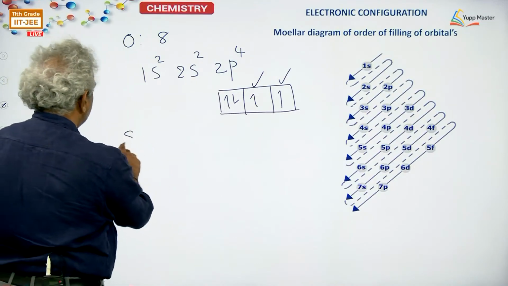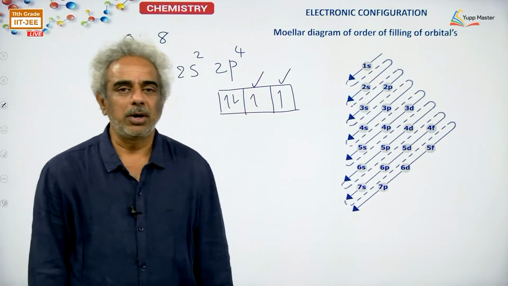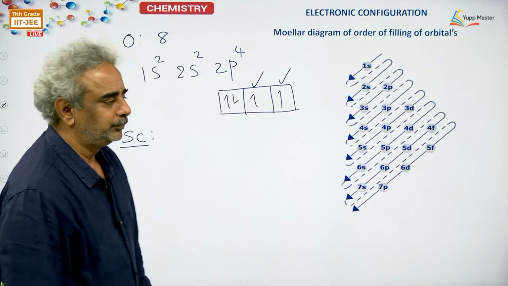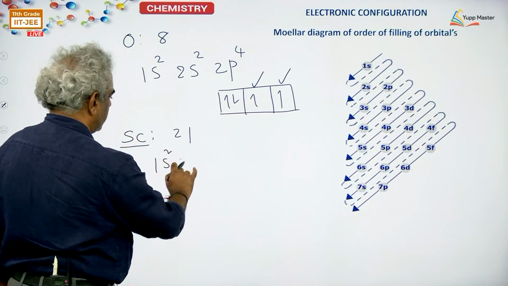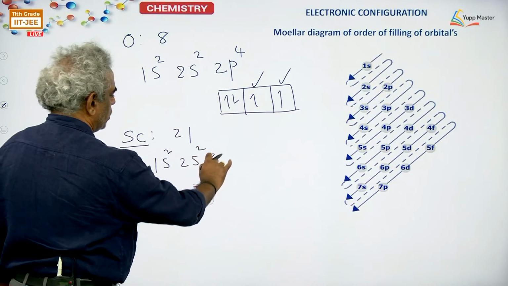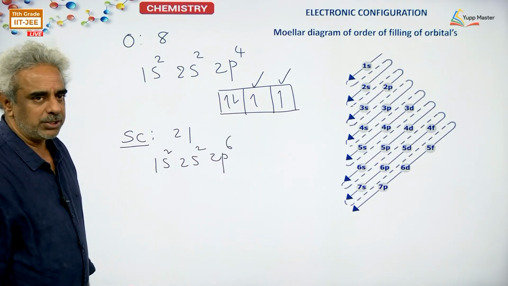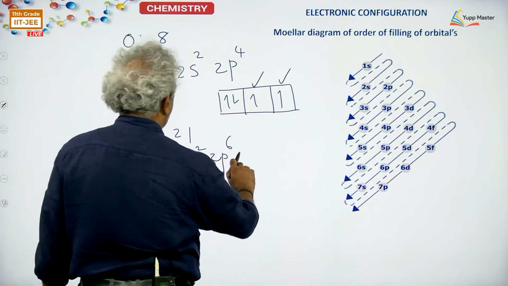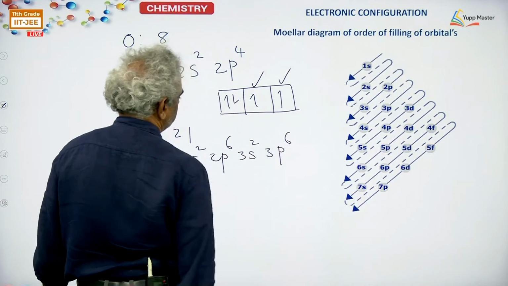So what will be the configuration of scandium? Scandium atomic number is 21. Fill 1s, then fill 2s with 2 electrons, 2px, 2py, 2pz with 6 electrons, 2 each, 3s, 3p again 6 electrons.